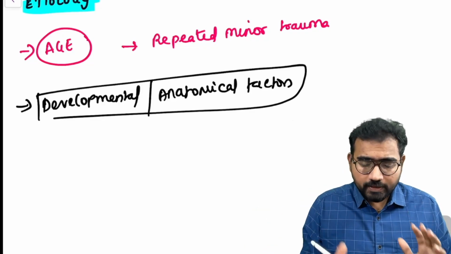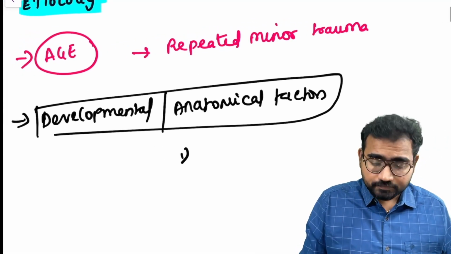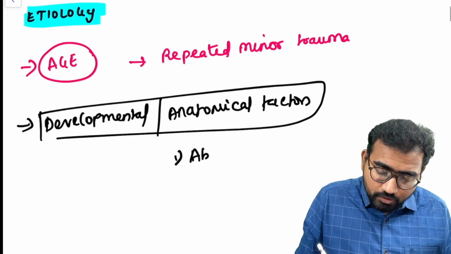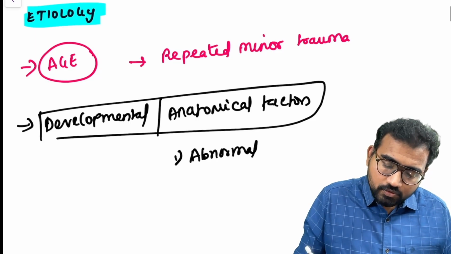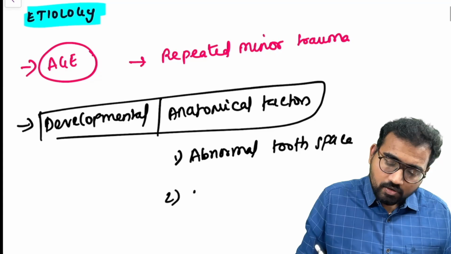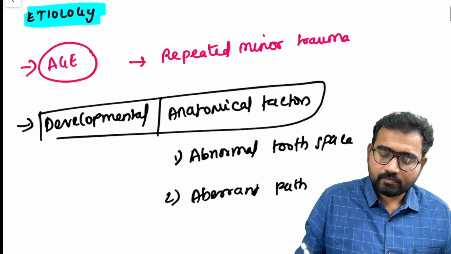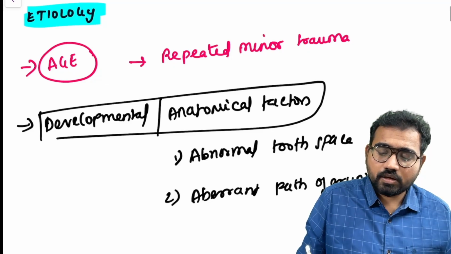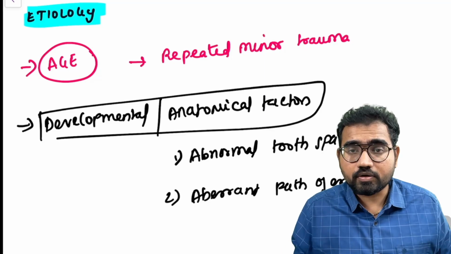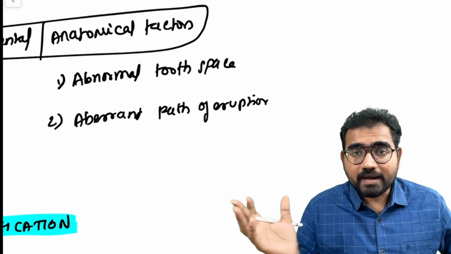The first one is abnormal tooth space, aberrant path of eruption. The tooth does not erupt normally; it is going to move buccally or palatally.